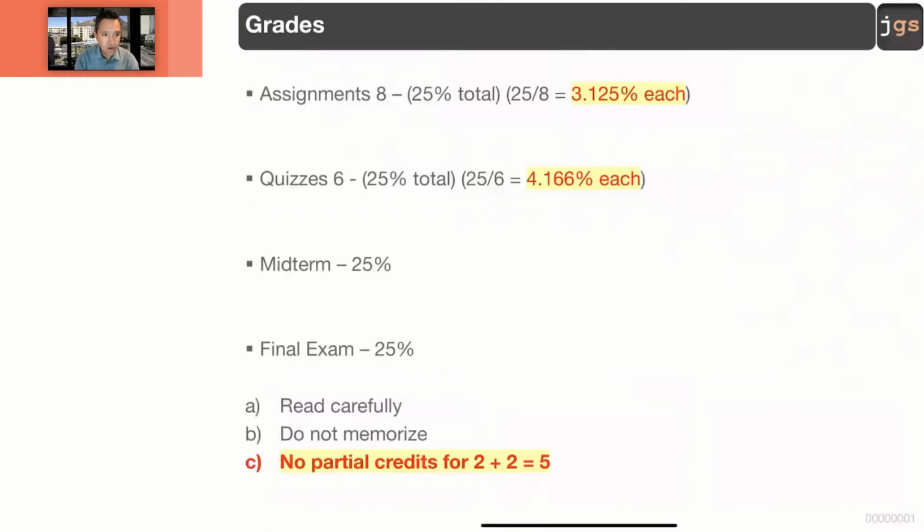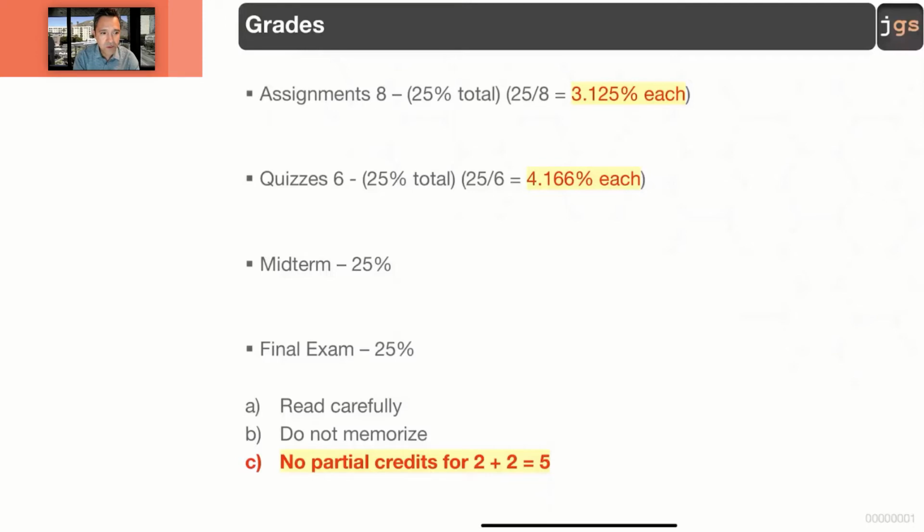Talking about your grades, to be more specific, we did 8 assignments, if I remember correctly. So if the assignments are 25% of the total, just to be sure that we know how to calculate this, each assignment, if we did 8, is 3.125% of your final grade.